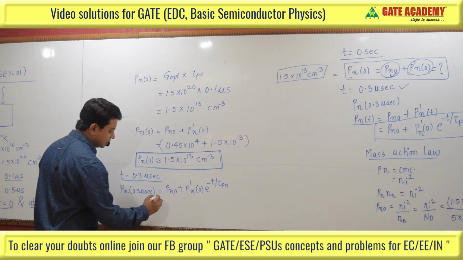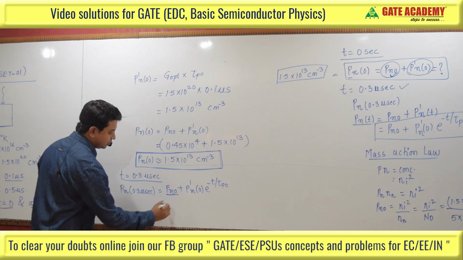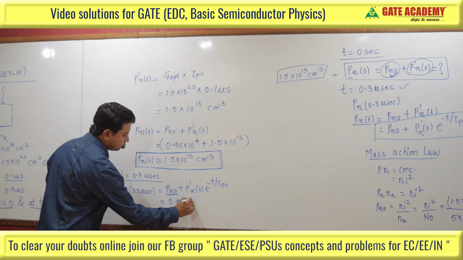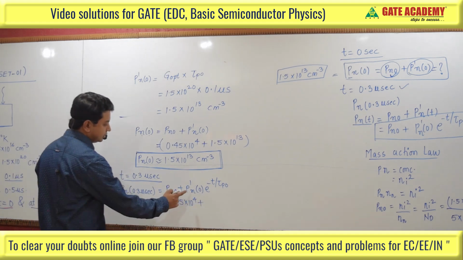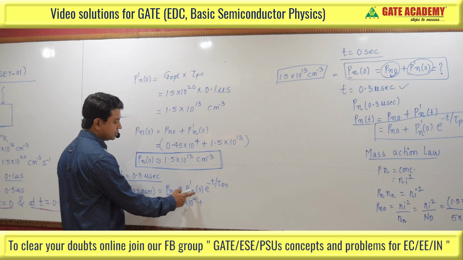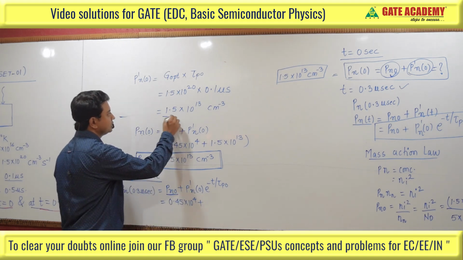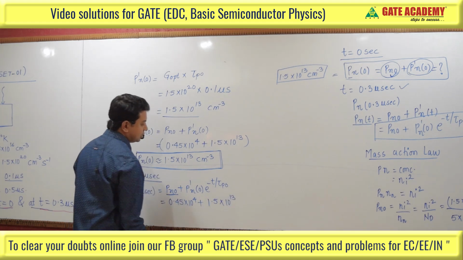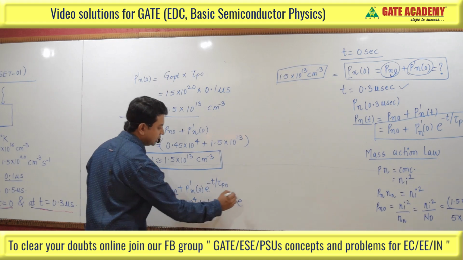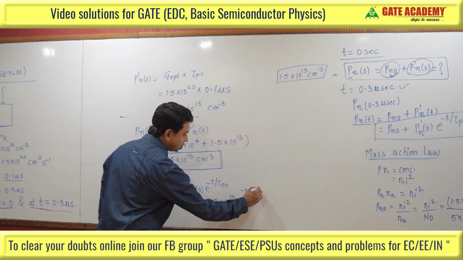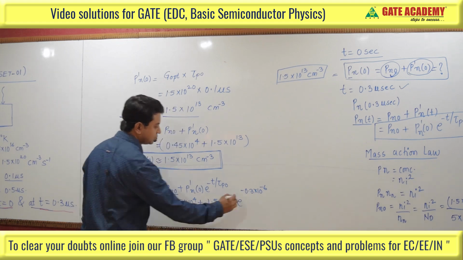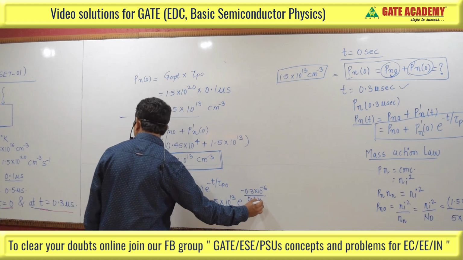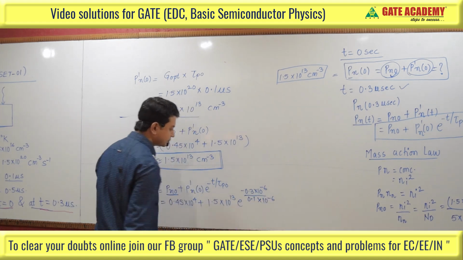Tau p naught is given in the question, and we have already found Pn naught. This is equal to 0.45 × 10^4 plus the excess concentration of holes at time t = 0, given here as 1.5 × 10^13, times e raised to minus t, where t is 0.3 × 10^-6 because it is given in microseconds, and tau p naught is 0.1 × 10^-6.